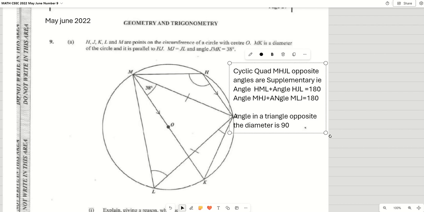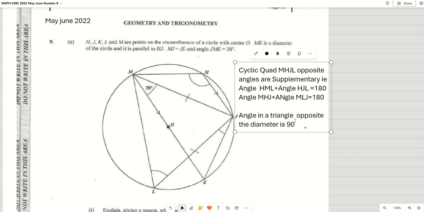We're talking mainly about triangle MKJ. Let's move this aside because I'm not seeing J.